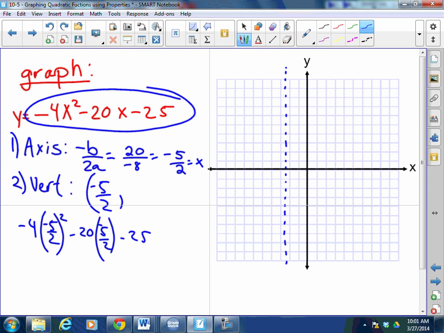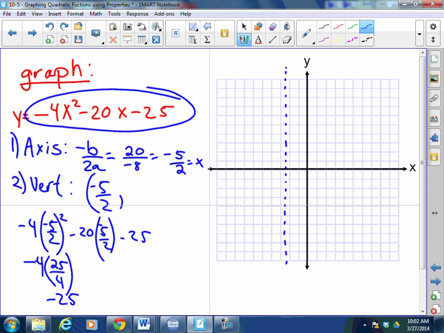Negative 5 halves squared is 25 fourths, times negative 4. Okay, let's try that again. We have negative 4 times 25 over 4. So what is that going to equal? 25 or negative 25? Negative 25. Thank you. Good job, guys.